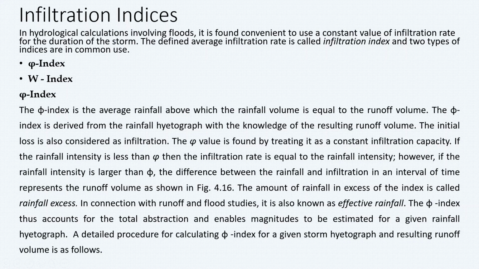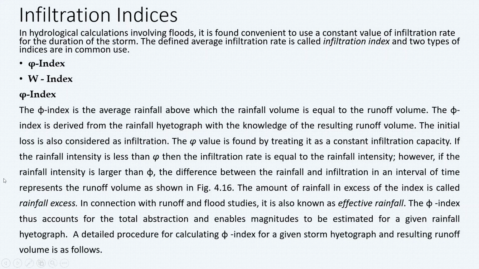In these indices, what we do is to give a certain value to the infiltration loss, and you can find out the remainder, or the effective rainfall, what we call, which generates the runoff from the catchment.